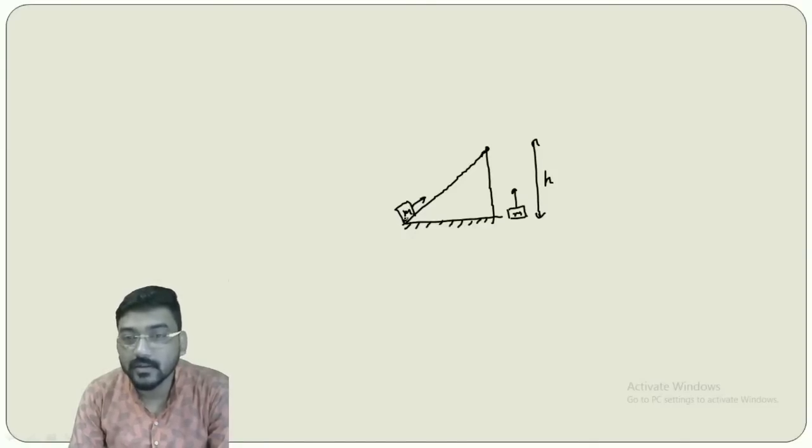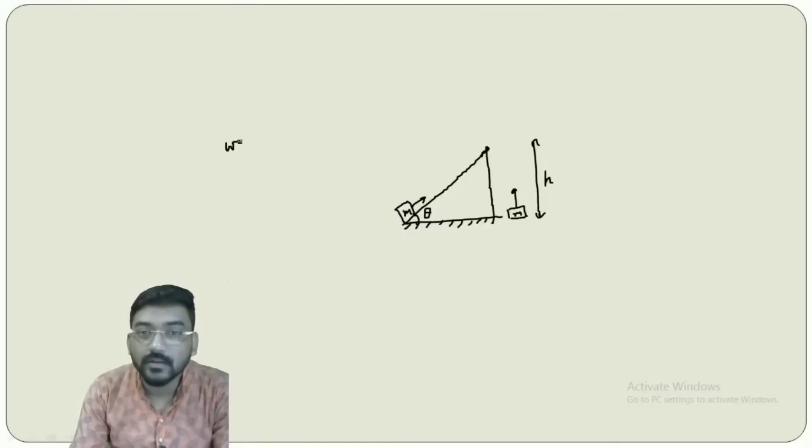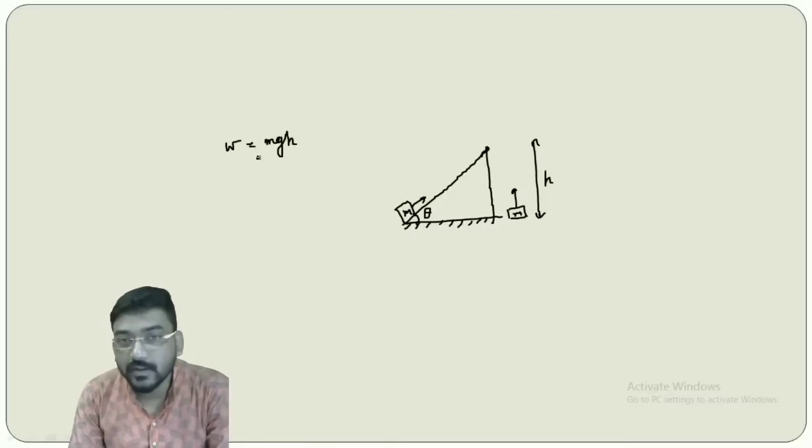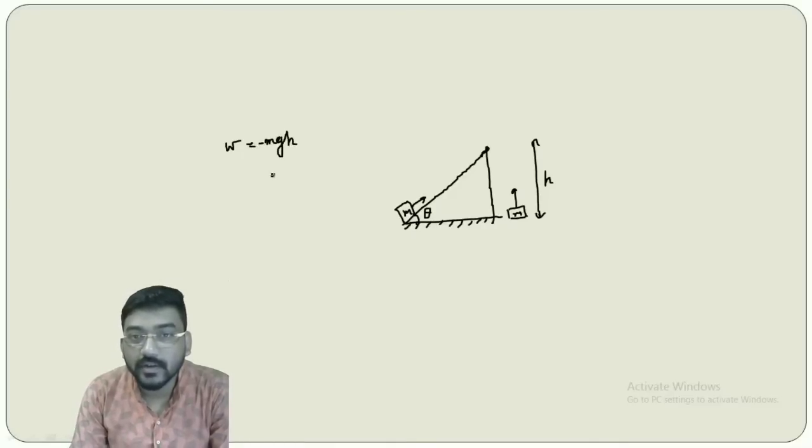and that is mg. And if this angle is theta, we can easily calculate that the work done to lift the object from this point to this point will be W equal to minus mgh, because work is done against the force. mg is in the downward direction and the object is moving in the opposite direction. We can prove this easily.